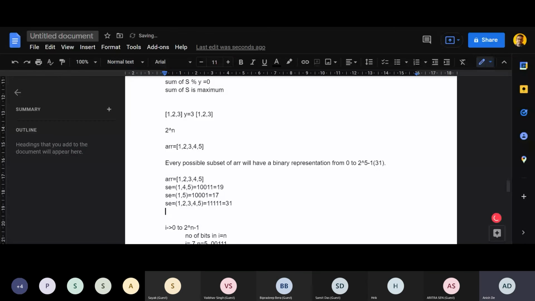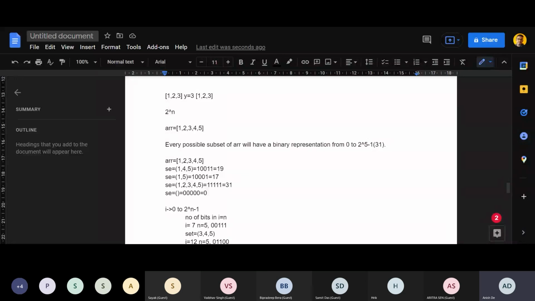If the set is empty, it will have 5 zeros, which is the binary representation of 0. So every number lies between 0 to 31. Observe that every possible subset will be explored if we consider the binary representation of the numbers from 0 to 2 to the power n. N is 5 here, so 0 to 31.